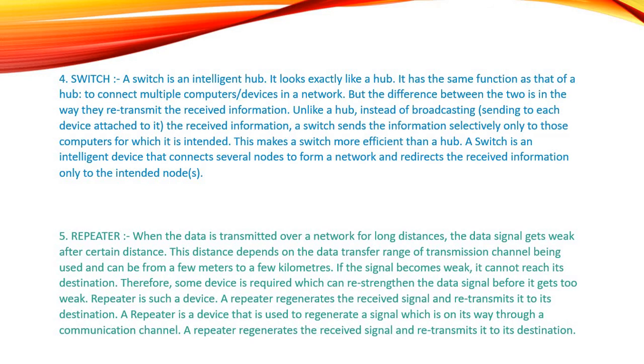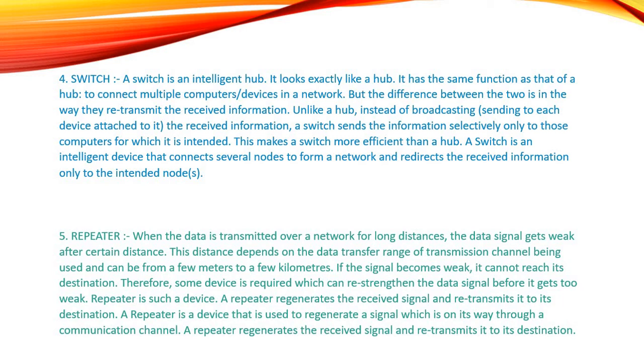After that, the switch is an intelligent hub. It looks exactly like a hub. It has the same function as a hub, to connect multiple devices in the network. But the difference between the two is the way they retransmit the received information.